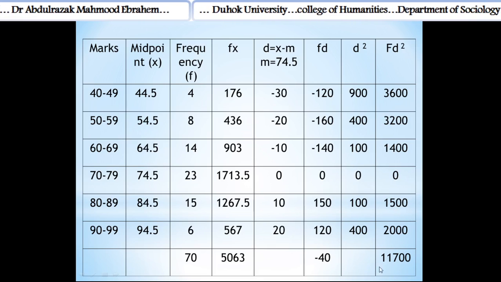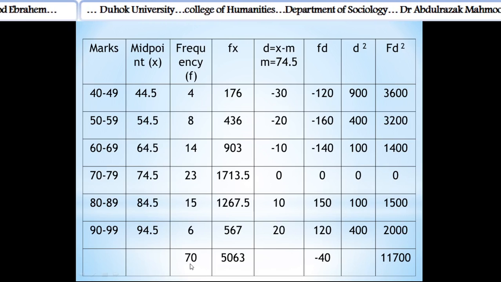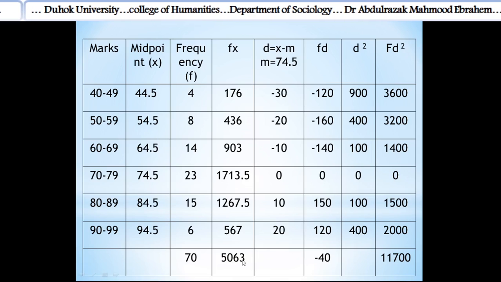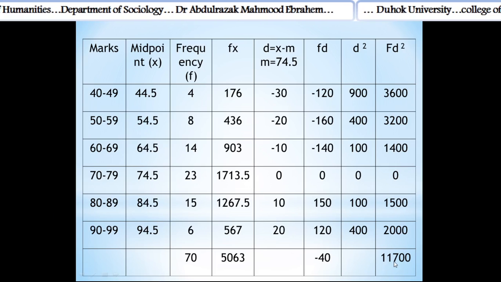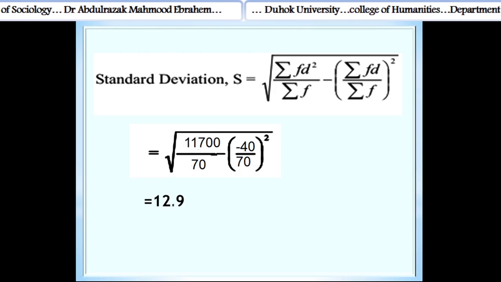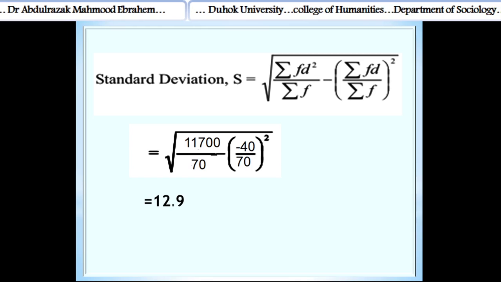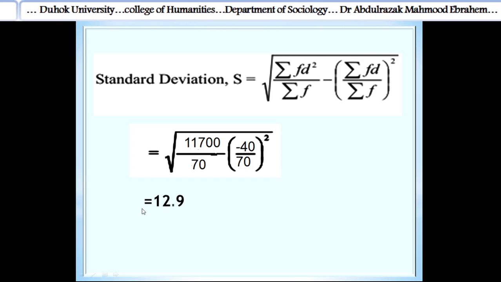We have the summation of the whole table: 70 for frequency, 5063 for fx, minus 40 for fd, and lastly 11700 for fd square. We substitute in the formula with numbers from the table, and we have the result 12.9. That means the standard deviation is 12.9.